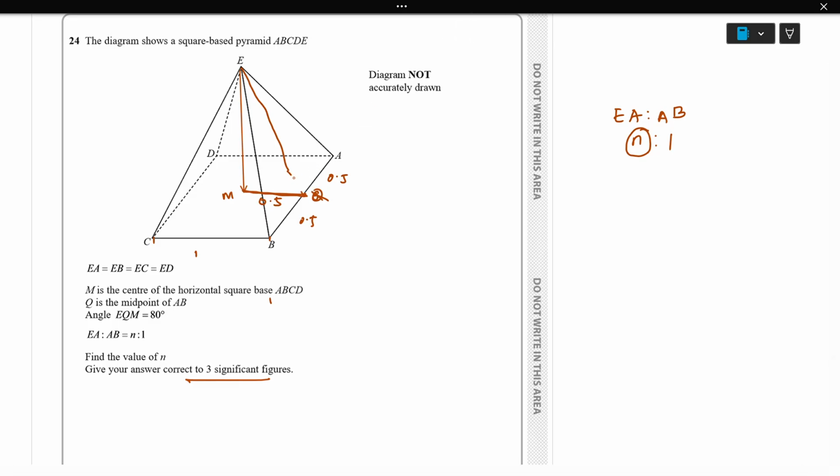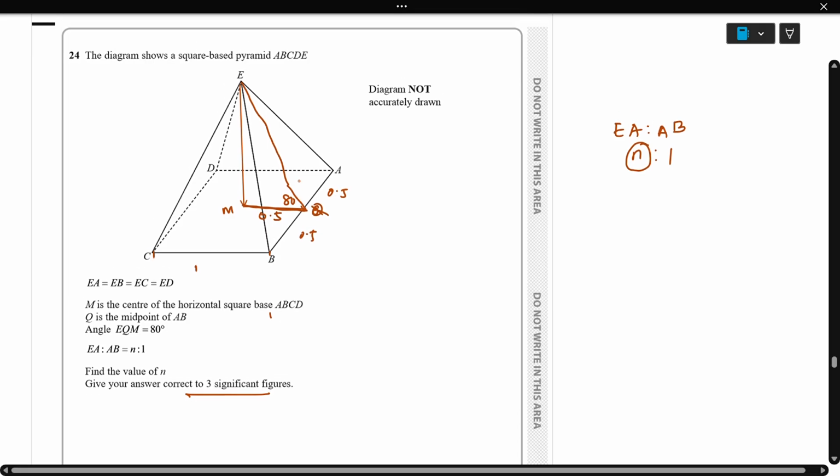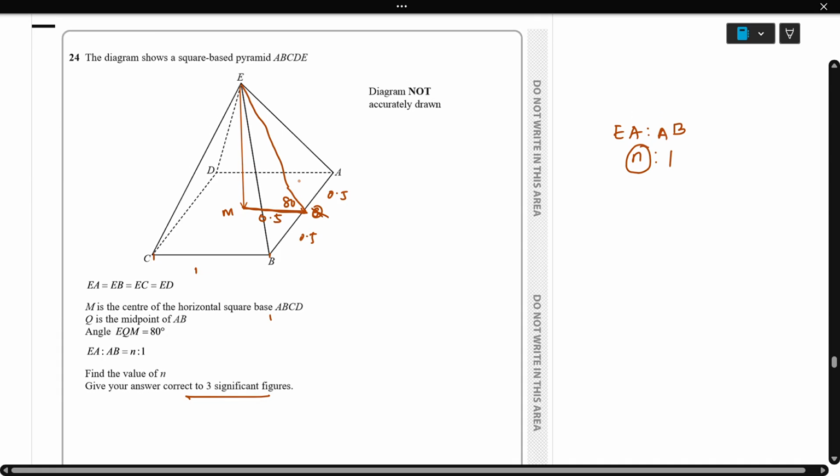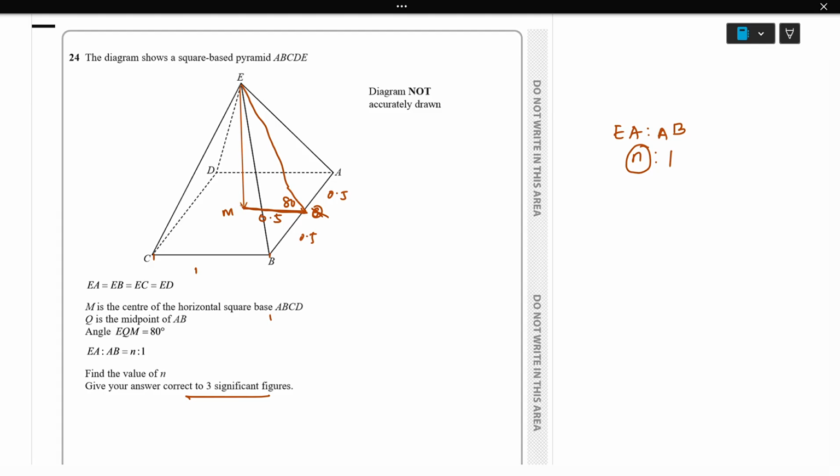This angle is 80 degrees. Okay, so we need to find out EA. For that, I'll find EM.